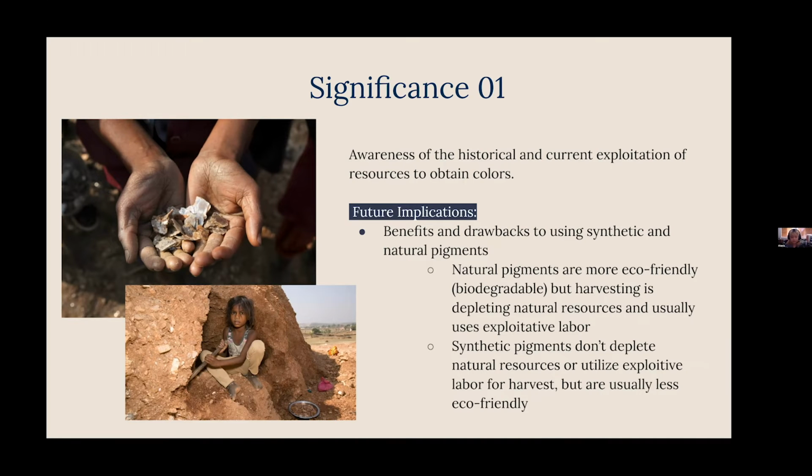And basically, Indian yellow was sourced unethically because it was made out of cow urine, which cows were starved and fed mango leaves in order to create that specific pigment. And mummy brown was made out of actual dead bodies.